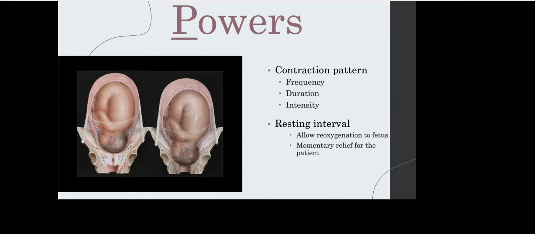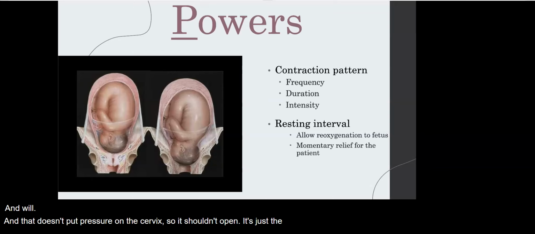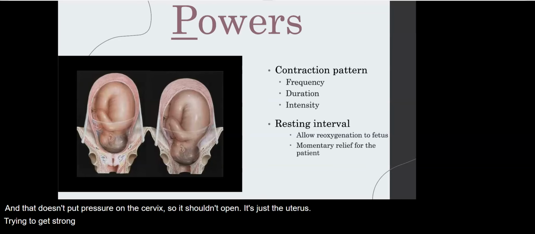Braxton Hicks contractions are warm-up contractions, which happen anywhere in the uterus, not specifically at the top. And that doesn't put pressure on the cervix, so it shouldn't open. It's just the uterus trying to get strong, like working out, trying to get strong enough for labor.